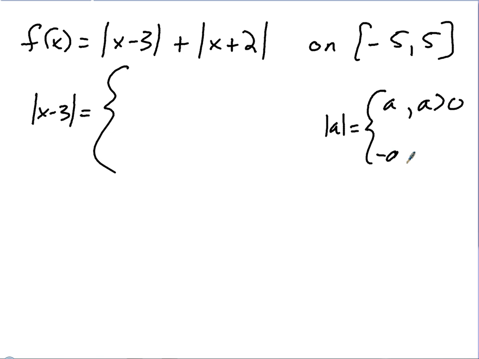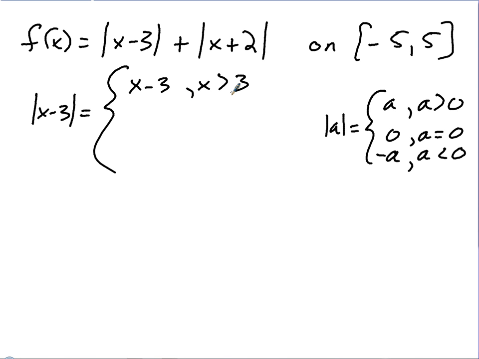It equals the opposite of a when a is negative, and of course it just equals 0 when a is 0, right? Okay, so instead of a this time, we've got the quantity x minus 3. So it's going to equal just plain old x minus 3 whenever that's positive. Now, when would that be? When is x minus 3 greater than 0? Good, okay. When x is greater than 3.